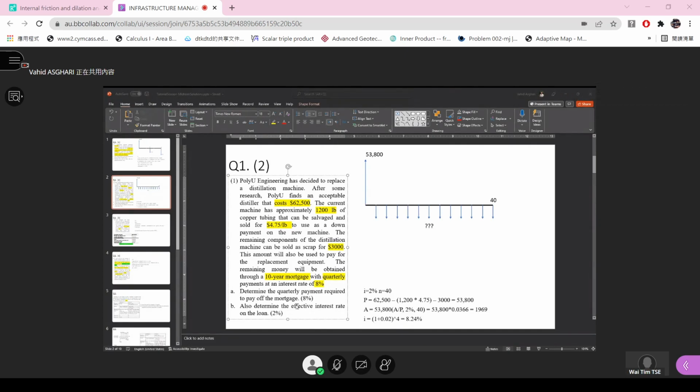The whole concept of this effective interest rate is that we cannot simply add interest and find out the interest rate of a longer period. Let's say a bank gives you 5%. How much will you have after 5 years? Is it going to be 25%?